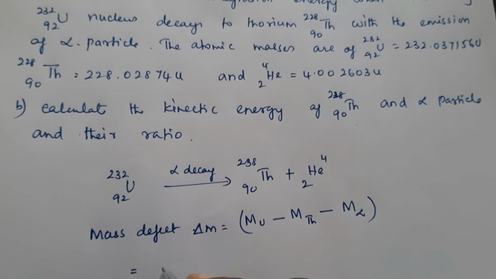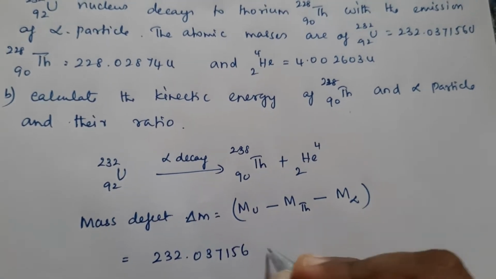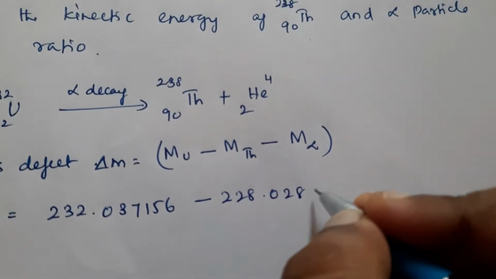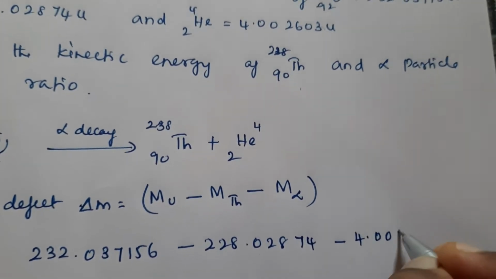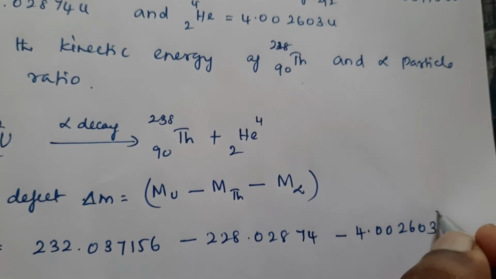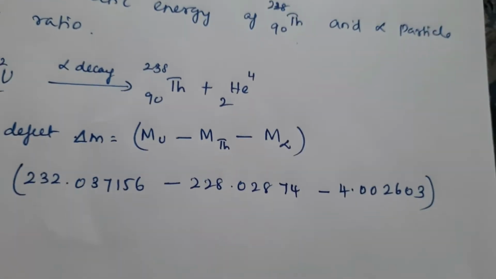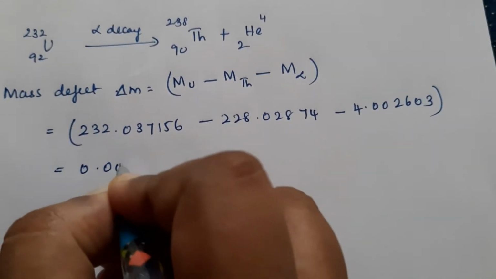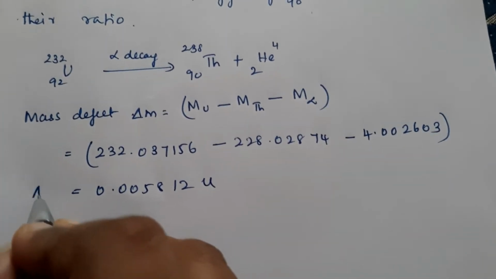Mass of uranium is 232.037156 minus thorium 228.02874 minus 4.002603. If you subtract, you will get 0.005812 atomic mass unit. This is your delta M.